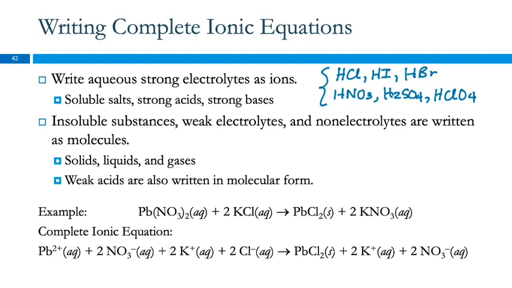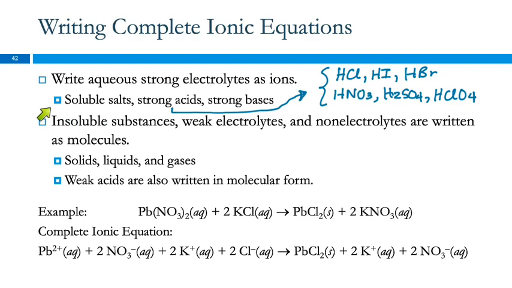Those are the strong acids. Those show up a couple slides later, but we need to know which ones they are right now. Remember, what makes an acid strong is that it separates into ions completely. There are only 6 that do that. So what we need to do is remember the 6, and if we see an acid and it's not one of the 6, then we know it's a weak acid.